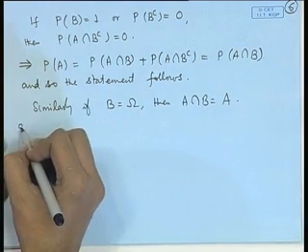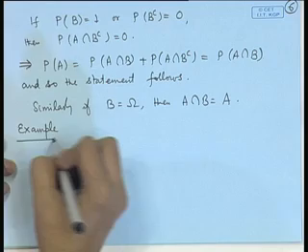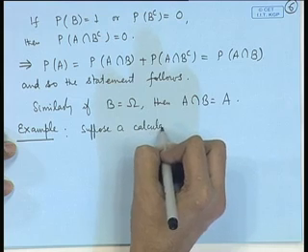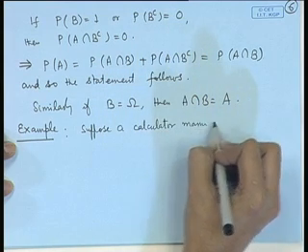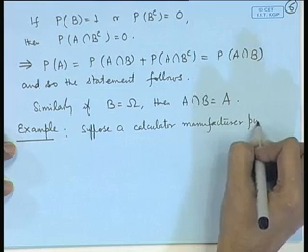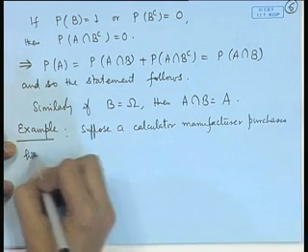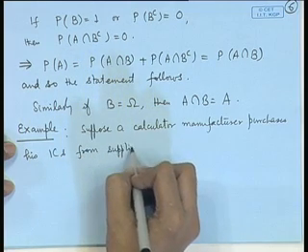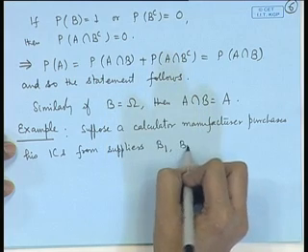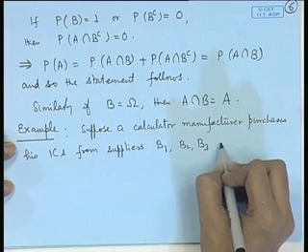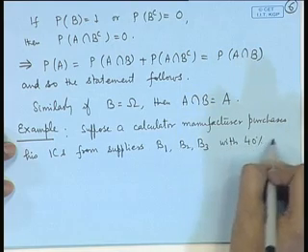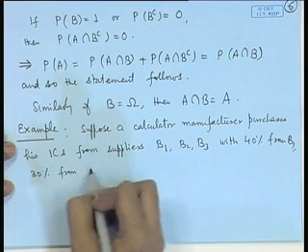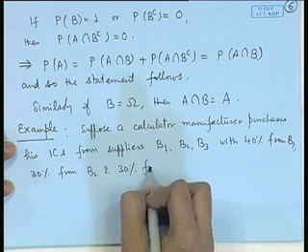So, let me give an example here. Suppose a calculator manufacturer purchases his ICs from suppliers, say B1, B2, B3, with 40% from B1, say 30% from B2 and 30% from B3.